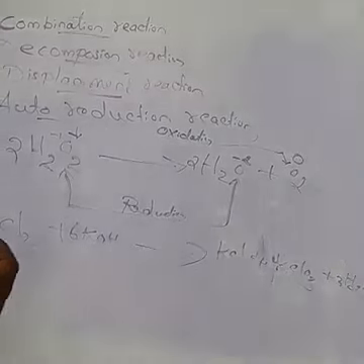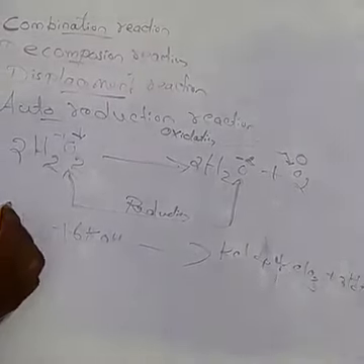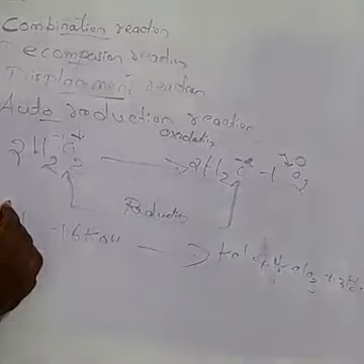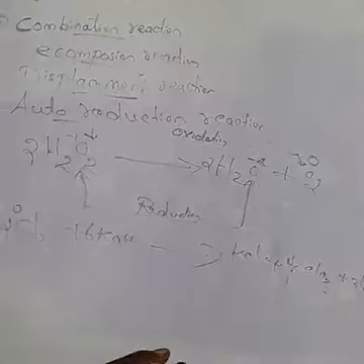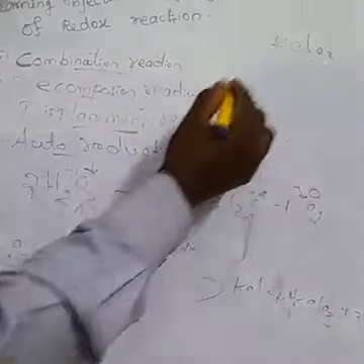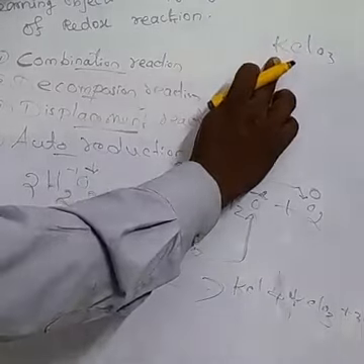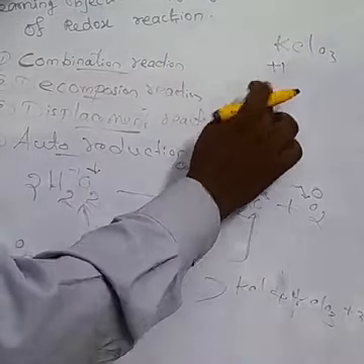First, chlorine. I already told you about the charge: it exists singly, so it becomes 0. The next we are going to find out is potassium chlorate, KClO3. How will you find out? Tell me. All of you know about potassium. Potassium is plus 1 because it is an alkali metal.